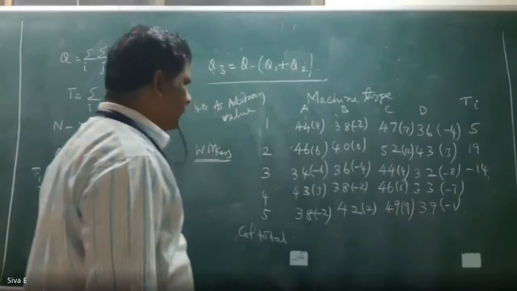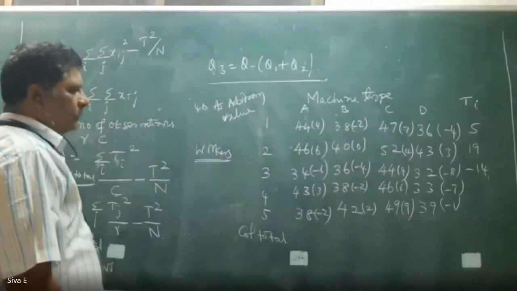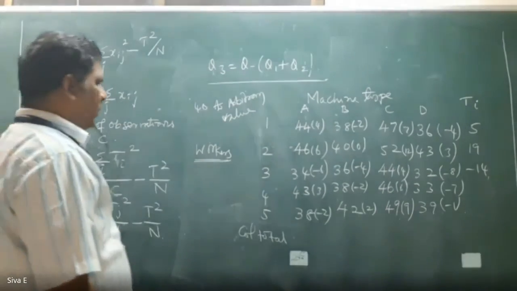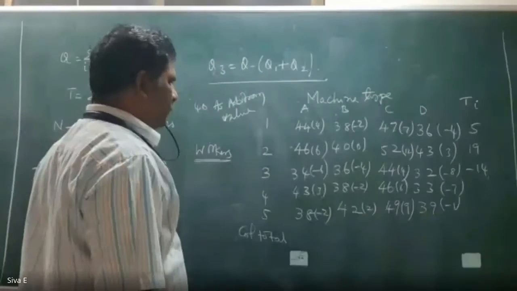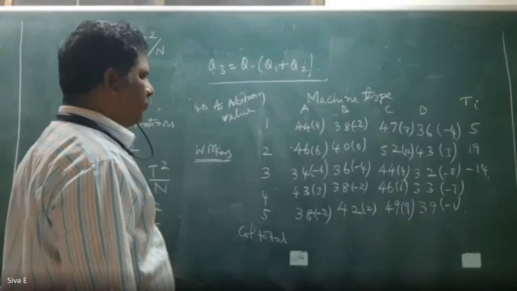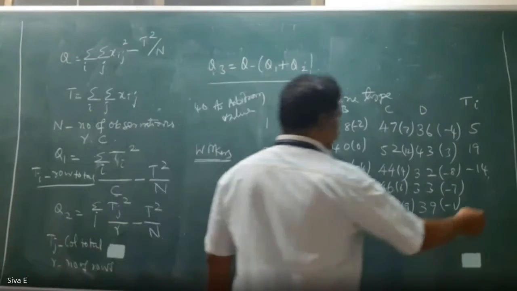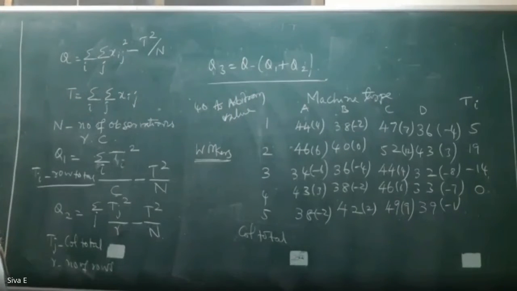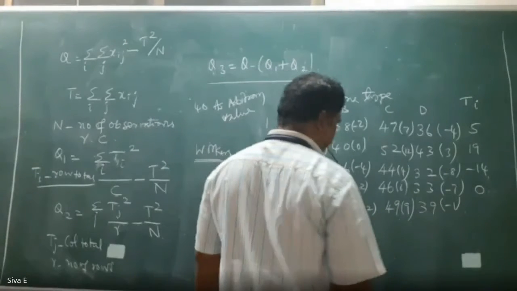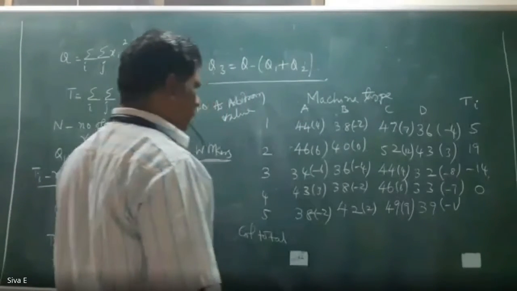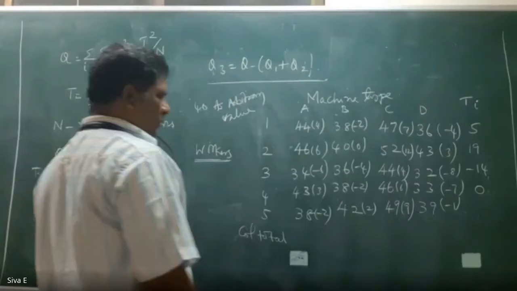Fourth row total, it is for between workers, zero I think. Last row total, 8.